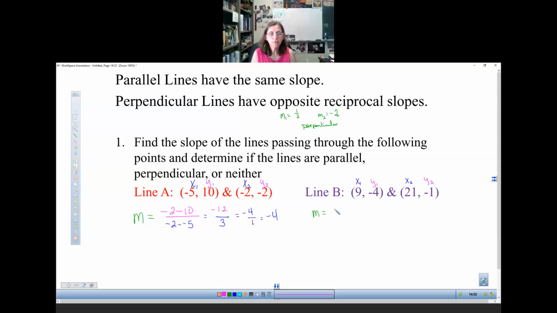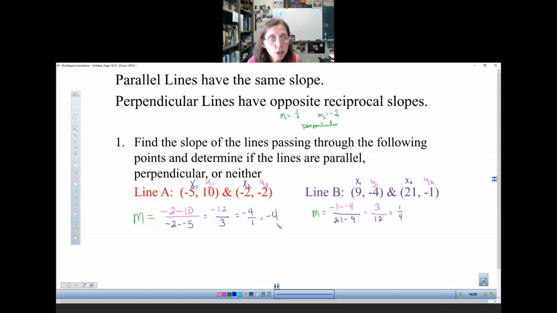The difference in my y's is -1 minus -4, and the difference in my x's is 21 minus 9. My numerator is going to turn out to be 3, because I have -1 plus 4, which gives me +3. And 21 minus 9 is 12, and 3 over 12 simplifies to 1/4.